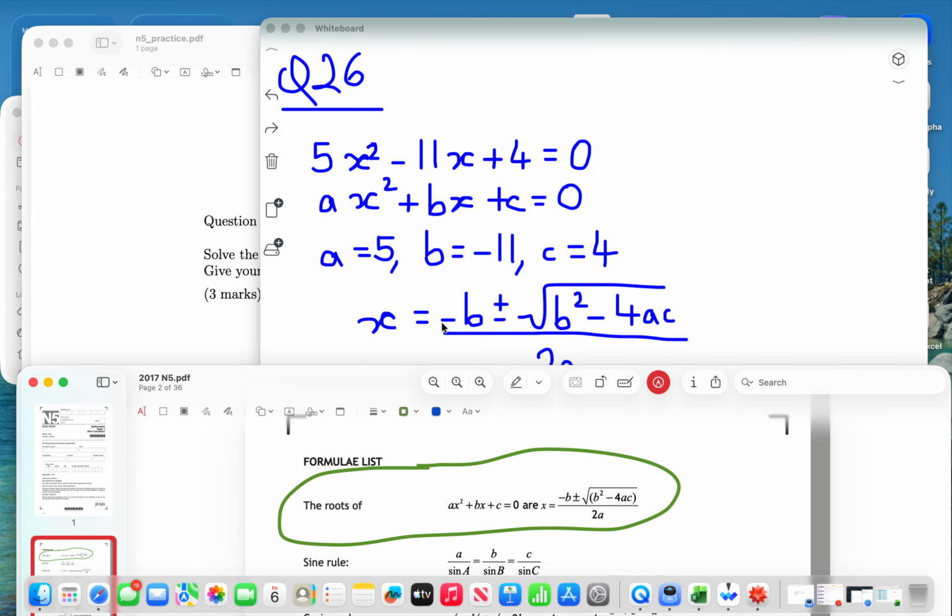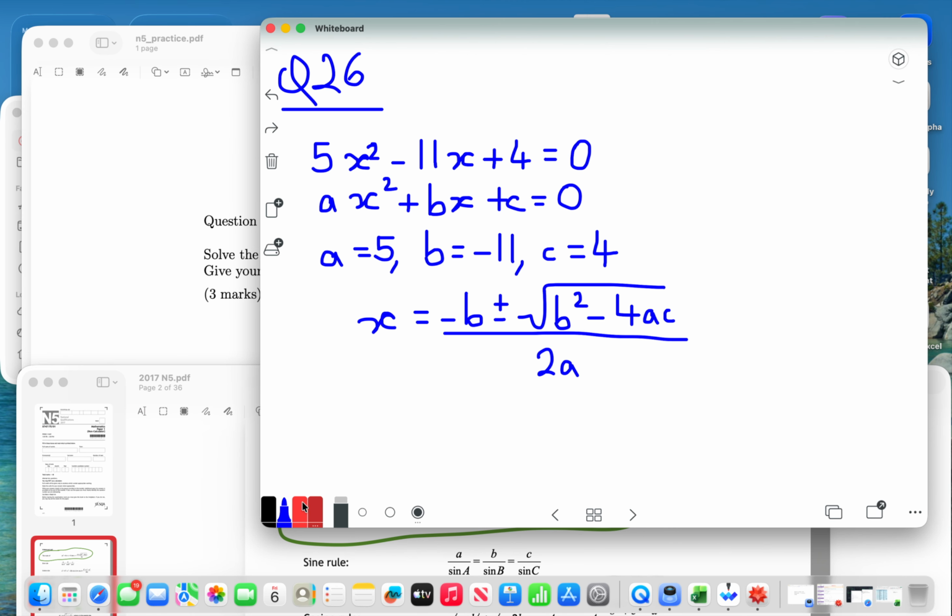So you must have the minus in front of the B. You must have the square root sign over the discriminant and nothing else. And the divide line has to be over the entire of minus b plus minus the square root of b squared minus 4ac, and that's all dividing by 2a.